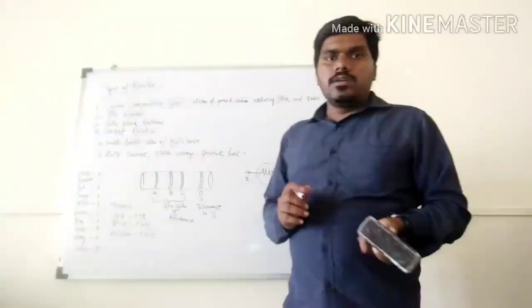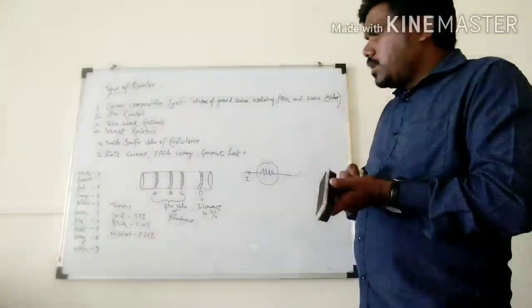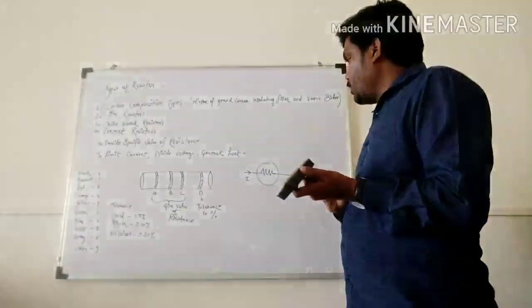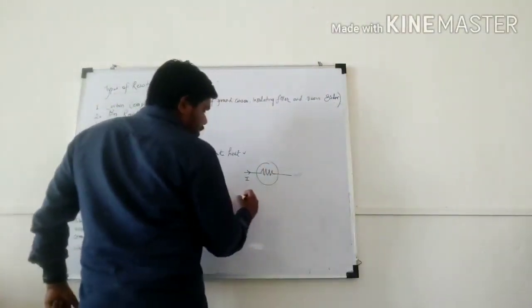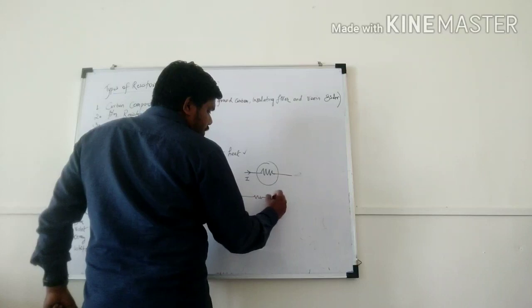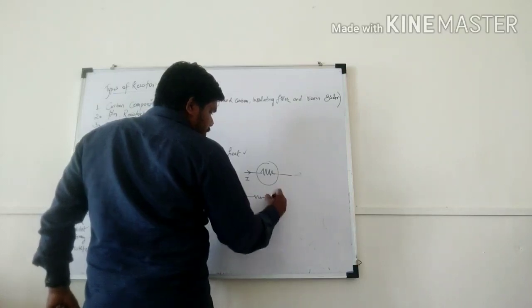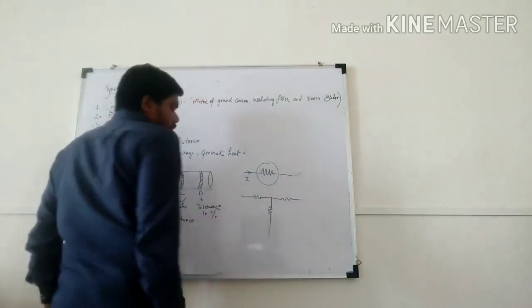Also to divide the current and to divide the voltage, we use resistance. Let's suppose this is my one resistance, this is my one resistance, and this is my one resistance.